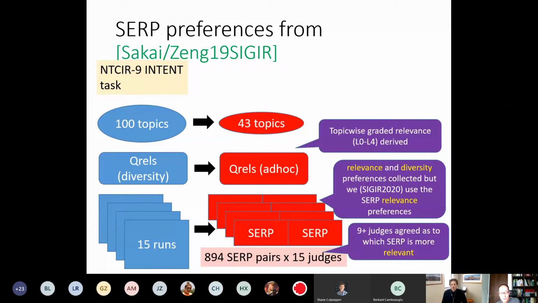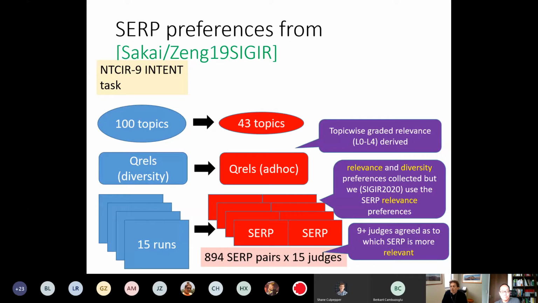So I have 894 SERP pairs, and each SERP pair was judged independently by 15 assessors. I have 894 where it is ensured that at least 9 judges agreed as to which of the SERPs is better.